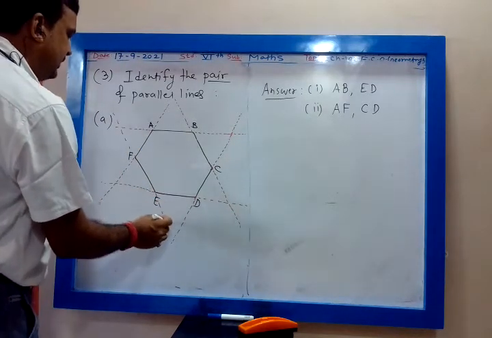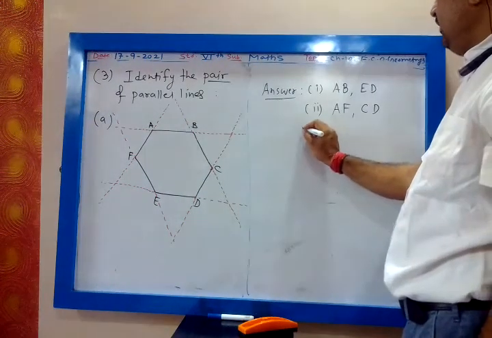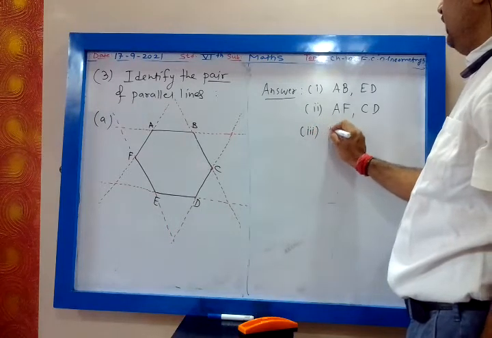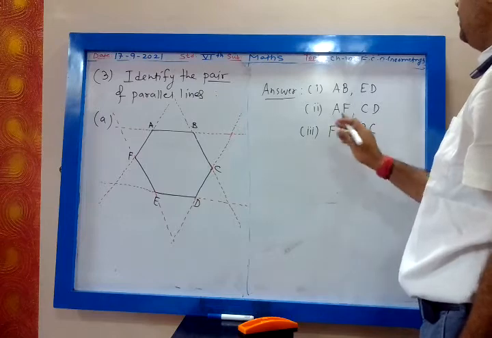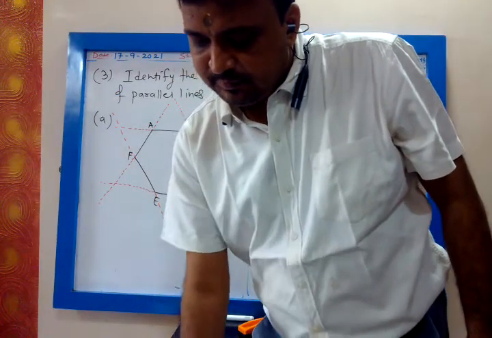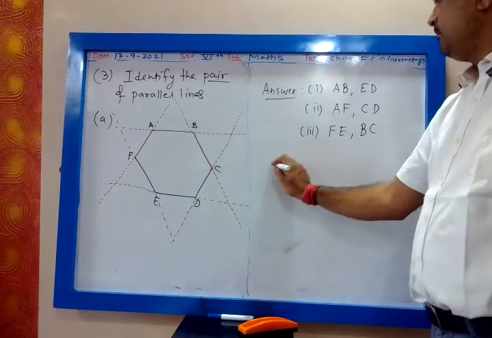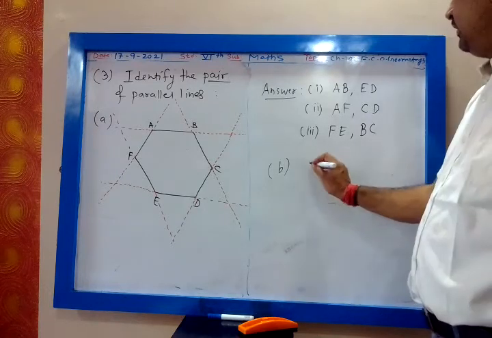FE and BC. So these are pairs of parallel lines. Now B.